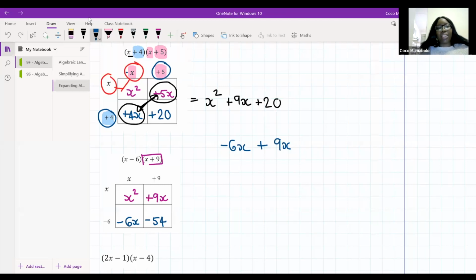Good. I'm seeing everybody tell me it's 3. Where did my x go? Where did my x go? Why am I only getting 3 as an answer? Ah, there we go. Well done. That's what I was looking for. 3x. Do not forget the x. This is part of the sum. All right, Leanne. You want to put your hand up for me, Leanne, and we can go through this together. Okay.